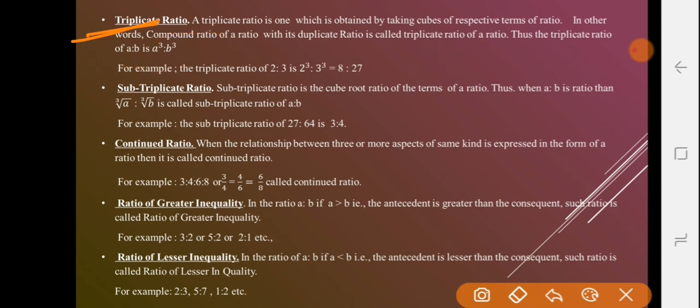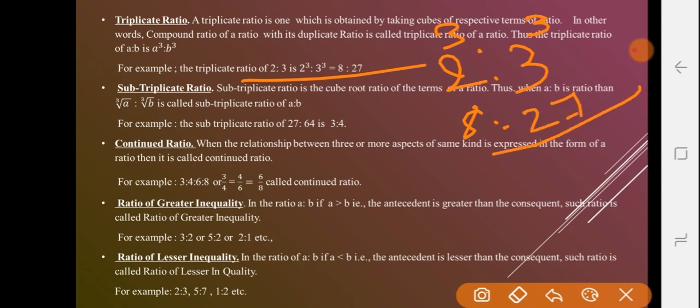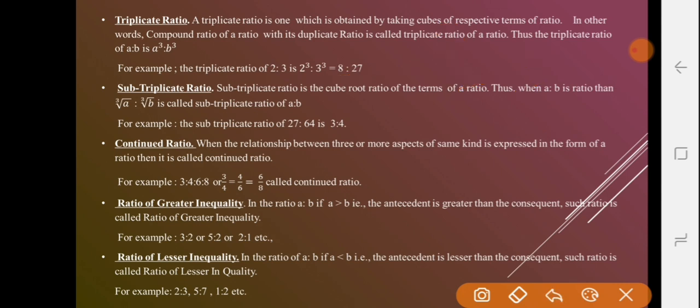I have quoted the example also: 2 is to 3, 2 cube, 3 cube, you are getting 8 is to 27. This is triplicate ratio. Like that we have a subtriplicate ratio. Similar to subduplicate where we use a square root, here we are using a cube root, that's it.